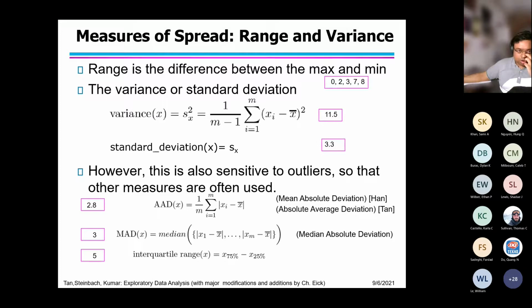The variance or standard deviation tells you, given a normal distribution of data and wherever the center of your data is, how far away on average your data points are from that central point.